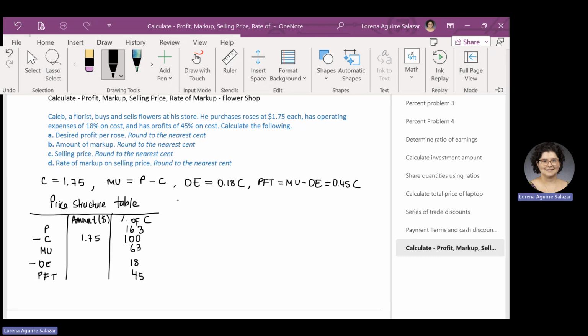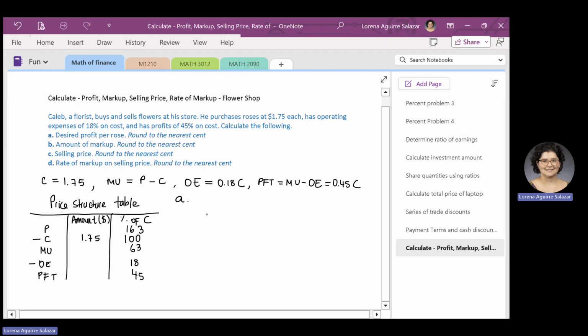Now, instead of finding all amounts, let's start solving part A of this problem. Part A is about finding the desired profit per rose. Profit is given by the 45% of cost. We can write profit as the 45% of cost, and cost is 1.75. So we have 0.45 times 1.75.